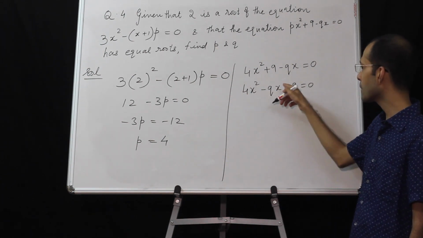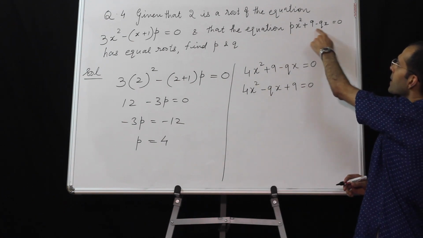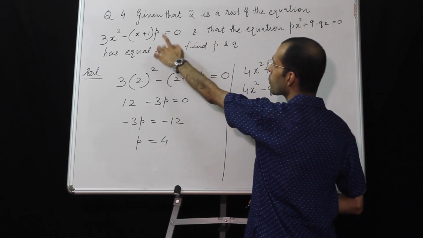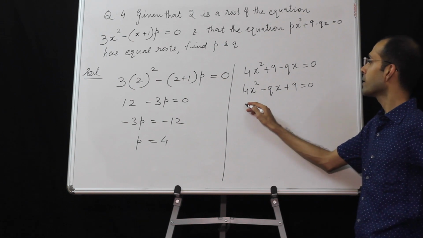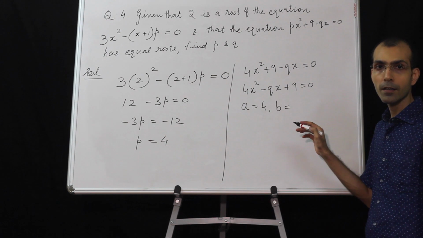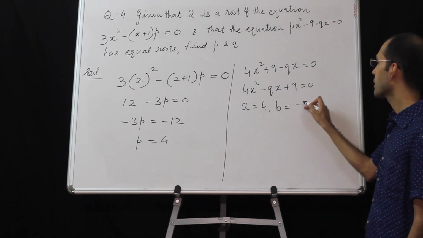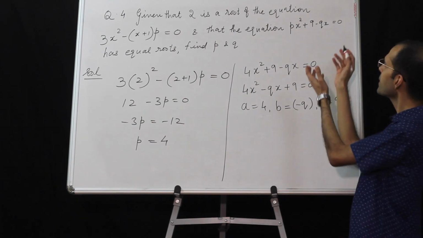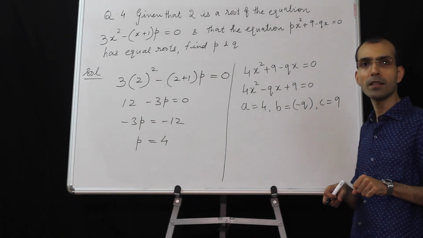First the square term, then the power of x 1, and then the power disappears. Note that this equation has equal roots. Find p and q. So here a will be 4, b will be q? No, b will be minus q. C would be 9.